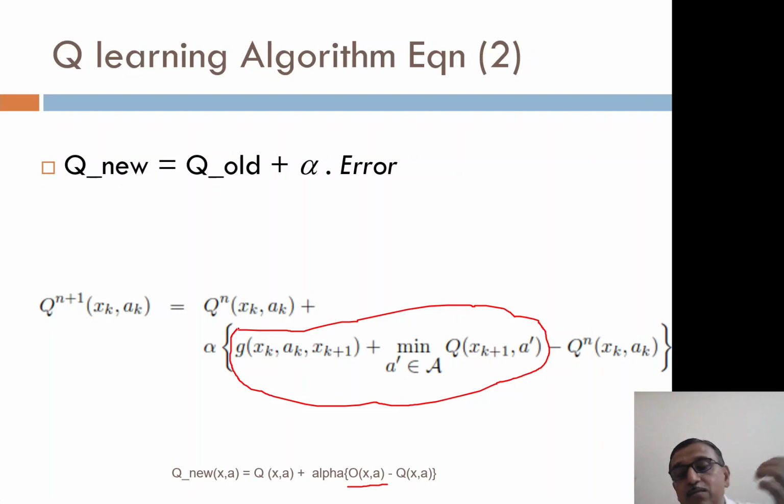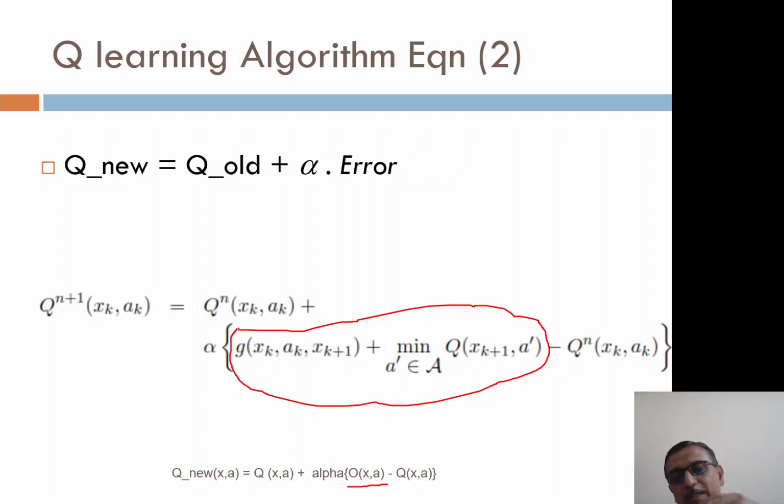According to the definition, what is q xk plus 1 a prime? Q xk plus 1 a prime is the total expected cost if you are in state xk plus 1, take action a prime and then follow the optimal policy. So q xk plus 1 a prime, in our case, will have 4 values. We know that after the first action, we are following the optimal policy. So in the second step, you take the optimal action. That is why that min is there.